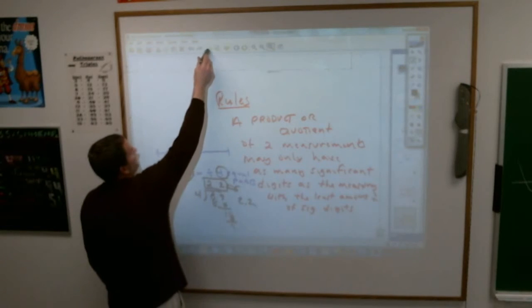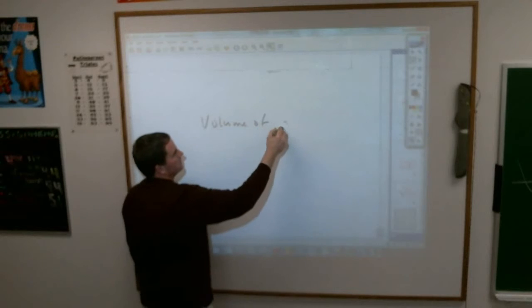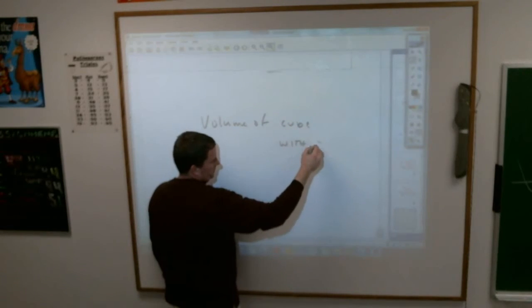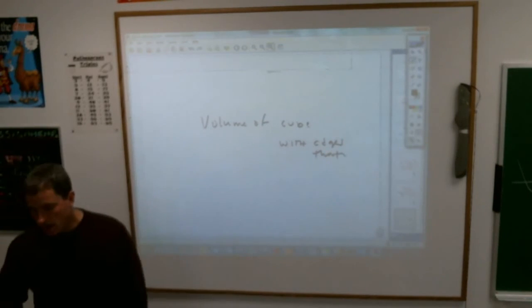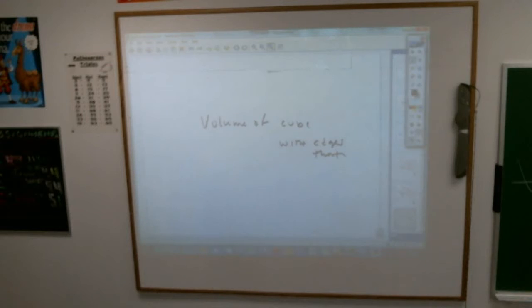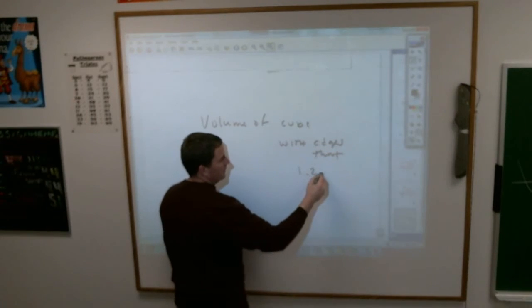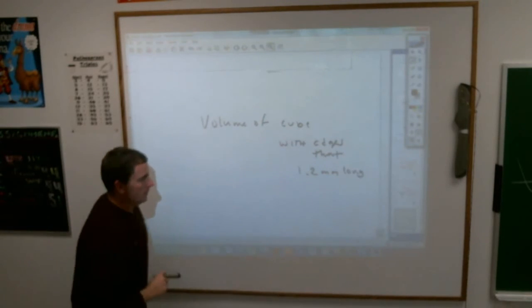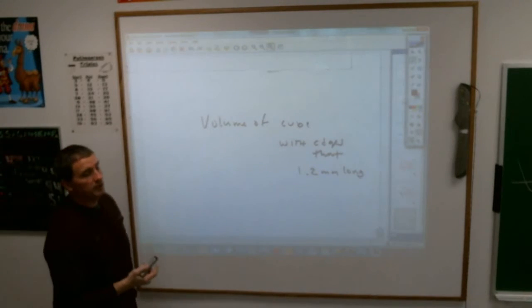Here's another one. The volume of a cube with edges that are 1.2 millimeters long. What do you do for volume?